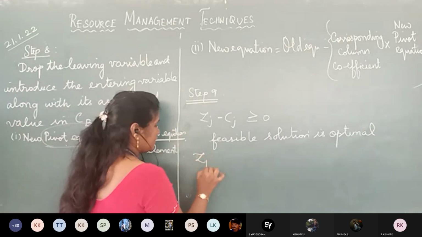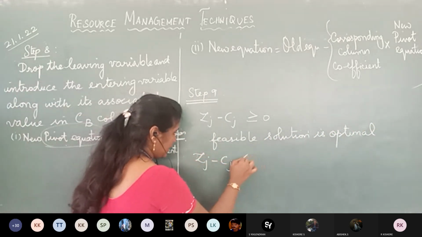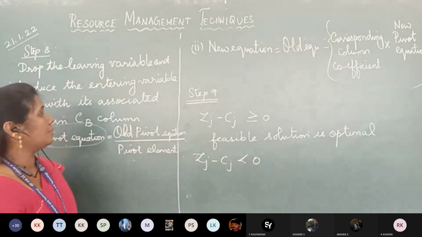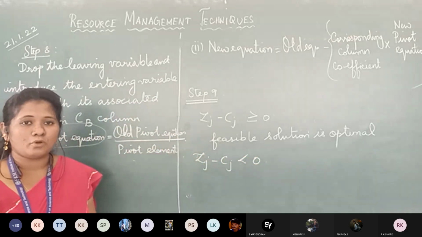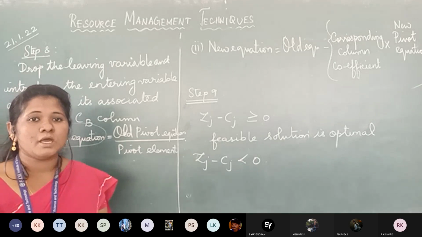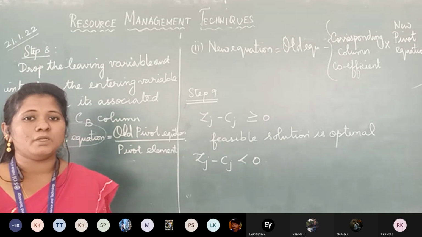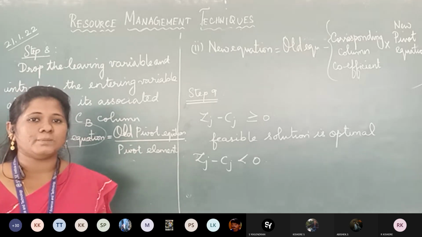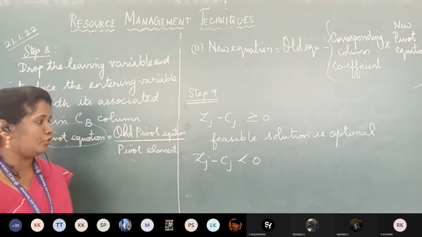If at all Zj minus Cj is less than 0, you have to follow the procedure again from step 6. What is your step 6? You'll have to find out your entering variable, find out your leaving variable, and after that find out your pivot element, find out your new equation, all those things.